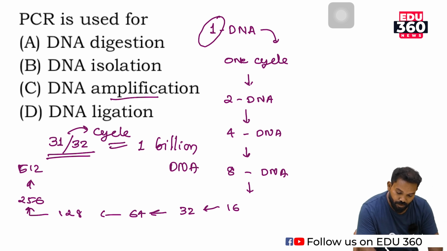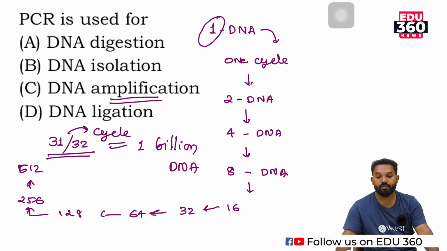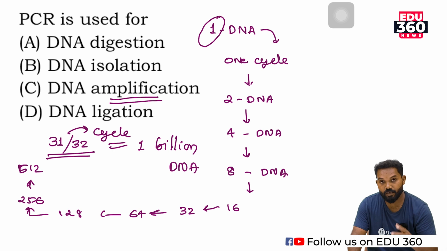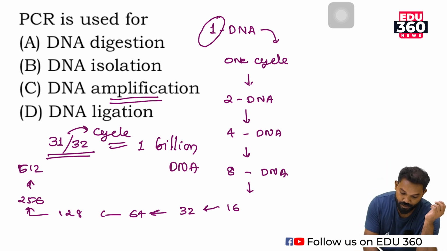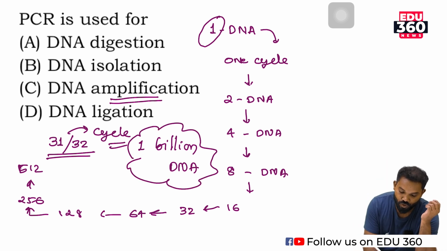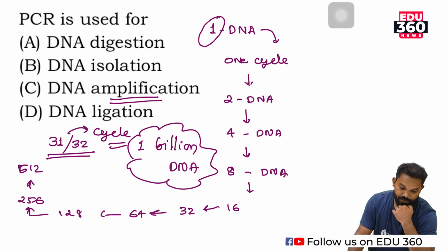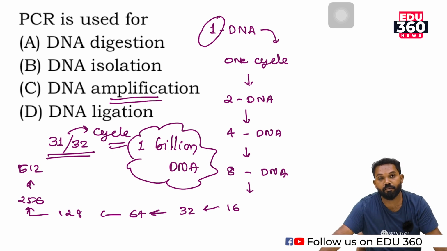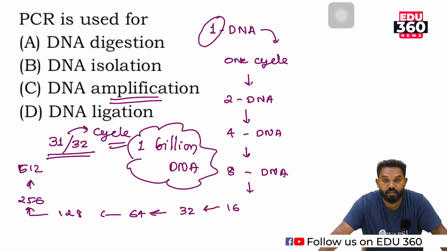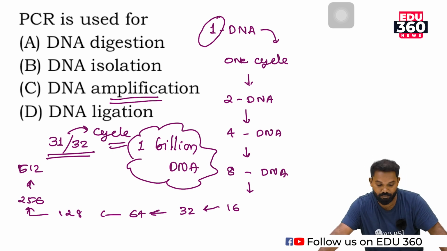So the DNA amplification amount or number is very huge. It is because it is in geometric progression. So one DNA converted into 1 billion DNA, and that takes place in just below 30 minutes.